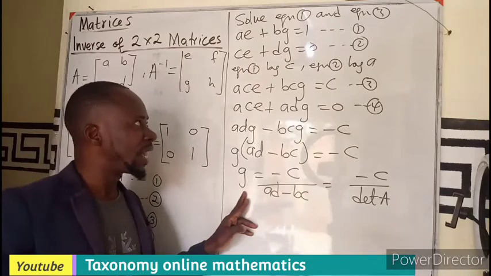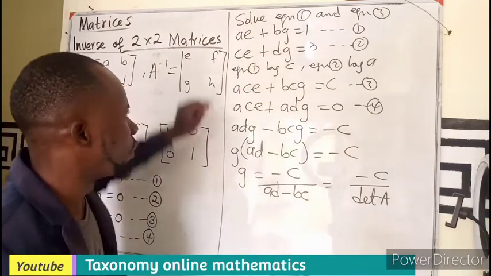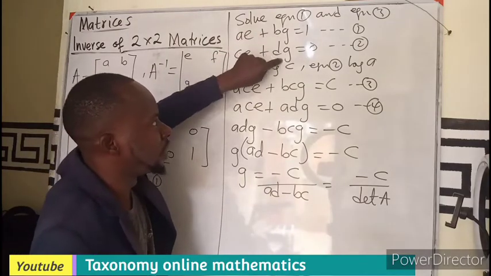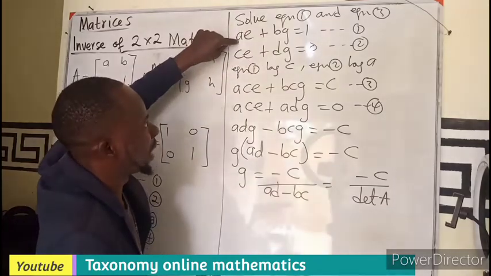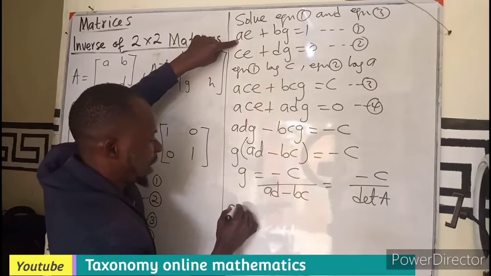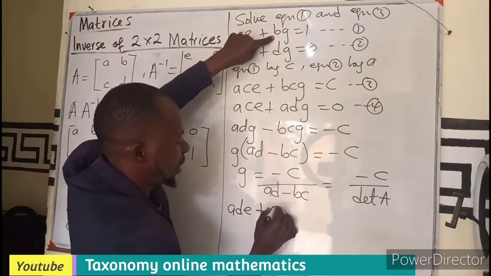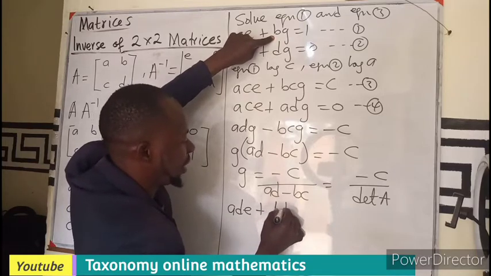I can put this back into any of the equations to find the other variable, but I would prefer to use multiplication again. So I want to eliminate G. So I'll swap their coefficients. So equation 1 times what? D. So I'll be having ADE plus, not A, it will be BDG.